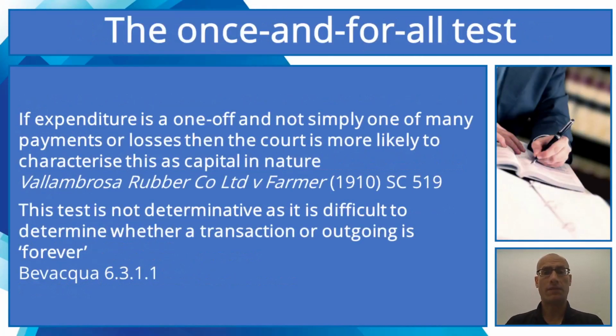The once and for all test to determine whether or not a particular expenditure is capital or revenue in nature is simply to look at whether or not this amount is essentially a final amount. So that idea of a particular outgoing is going to happen once and not happen again, at least in regards to the same subject matter.